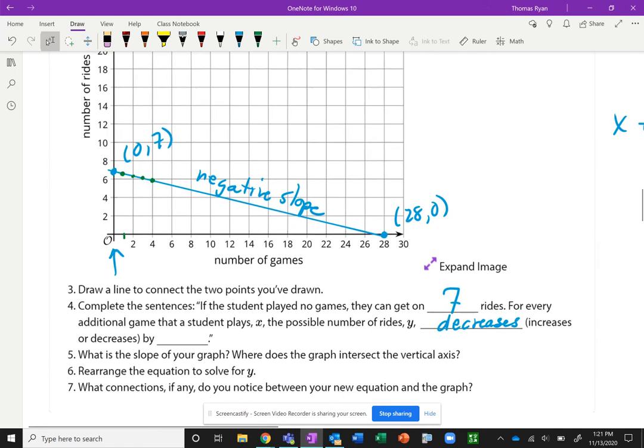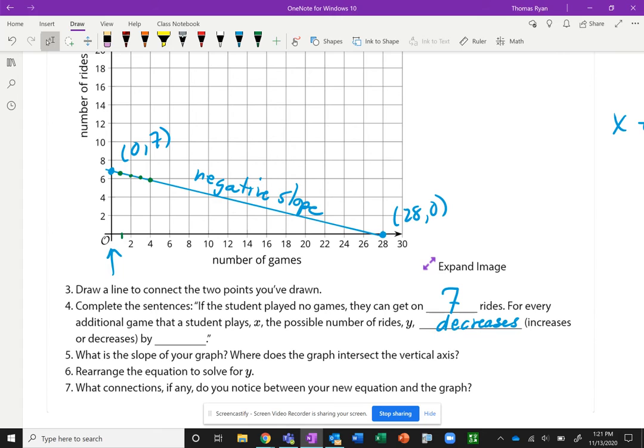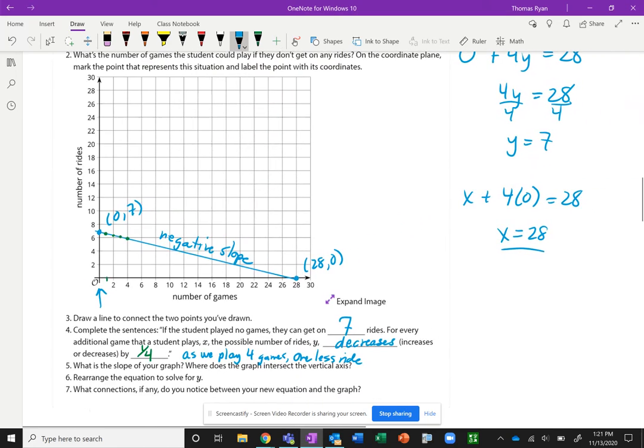That means if we play 1 game, it'll only be a fourth of that. So it decreases by 1/4. Or we can think as we play 4 games, we can do 1 less ride. Or as we play 1 game, we can go on a quarter, but it doesn't make too much sense to ride a quarter of a ride.